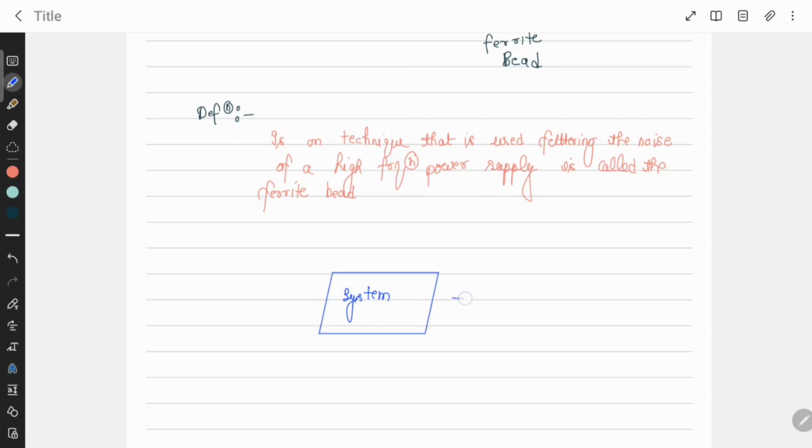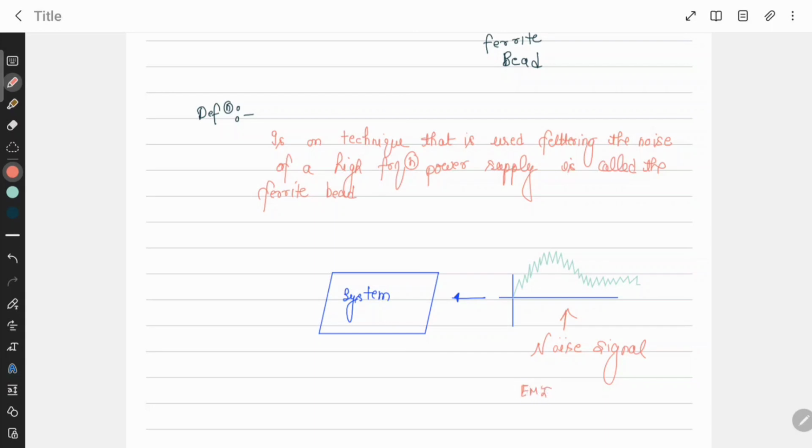Then I will enter some high frequency noise signals. This noise signal is basically EMI, electromagnetic interference.